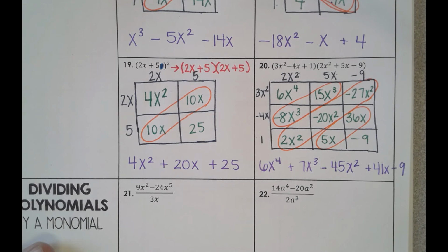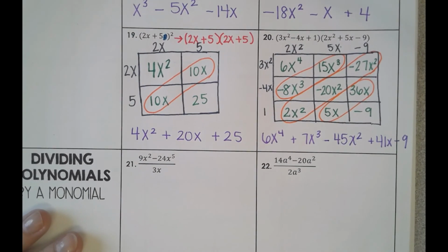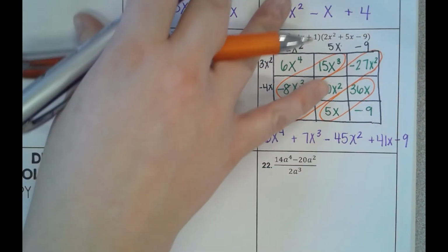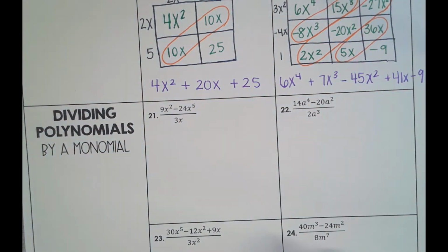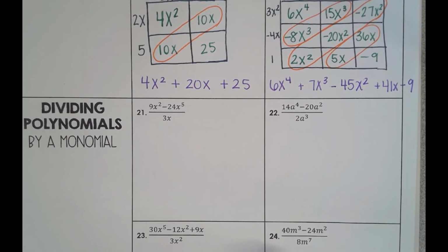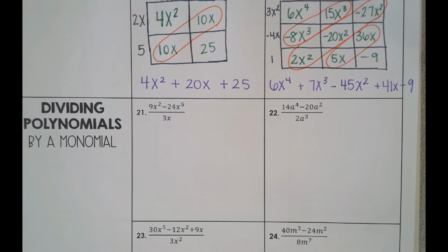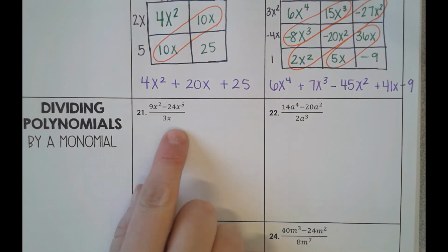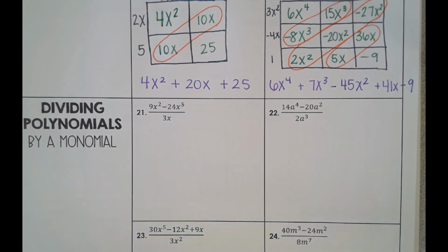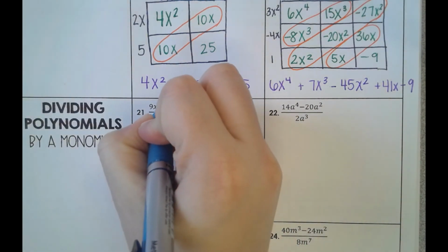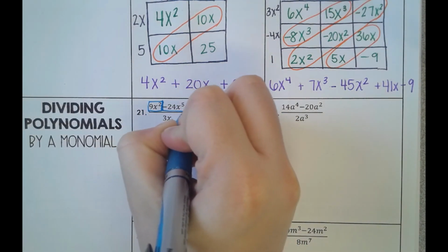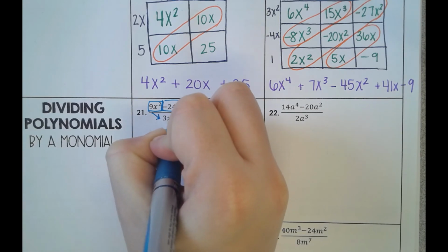All right. Last thing is division. So we remember the quotient rule from yesterday. When you divide, you end up subtracting the exponents. So as long as we're dividing by a monomial, so like one thing at the bottom, you take each term in the top and divide it by the bottom separately.